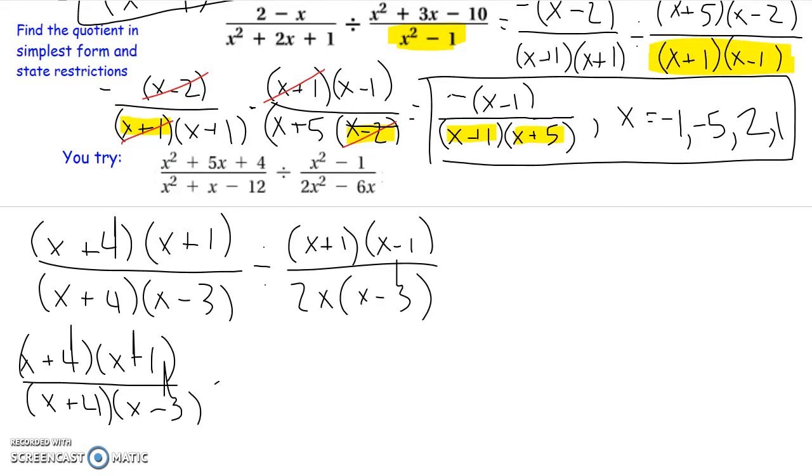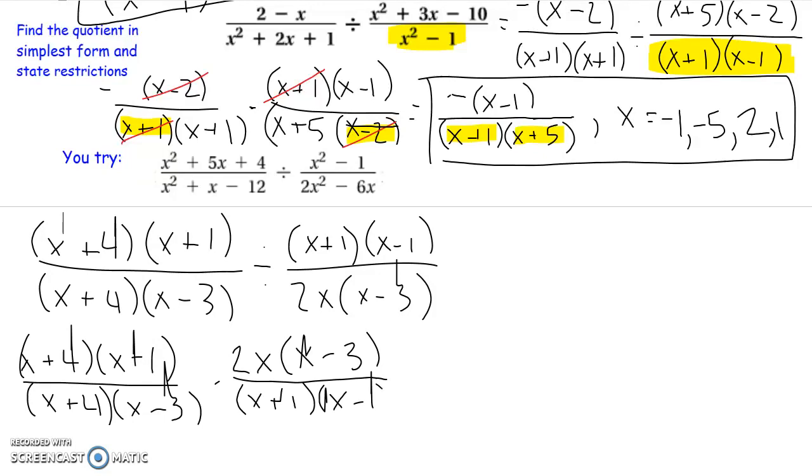And we are multiplying by the reciprocal. So the 2x times x minus 3 is now in the numerator, and the x plus 1 times x minus 1 is now in the denominator. When we cancel like factors, we can cancel x plus 4, we can cancel x plus 1, and we can cancel x minus 3.